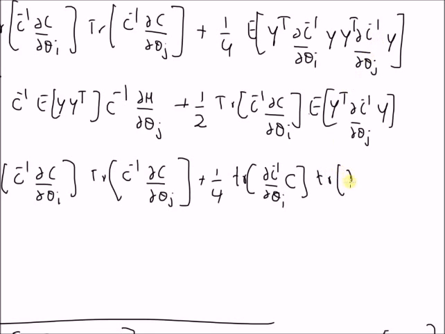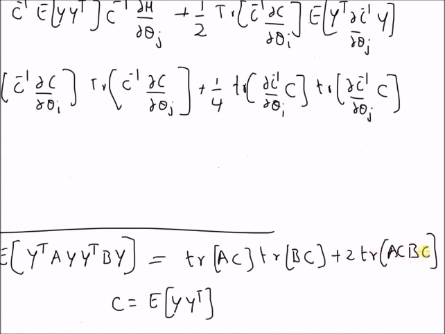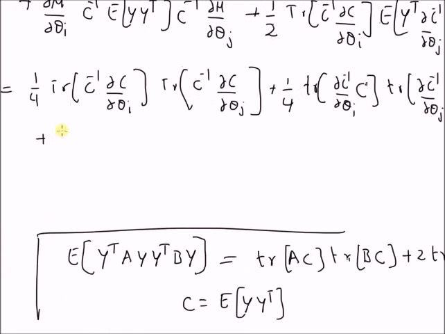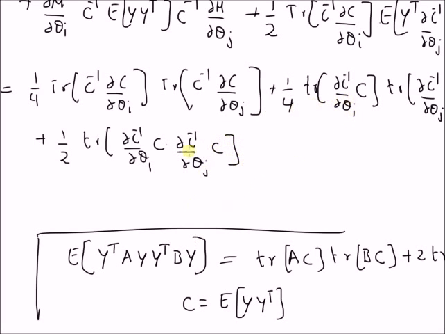So it is derivative of C inverse with respect to theta j multiplied by C. And the second term is 2 times the trace of AC into BC, which is 1 by 4 into 2, that is 1 by 2 trace of the derivative of the inverse of covariance matrix with respect to theta I into C, derivative of the inverse of covariance matrix with respect to theta j into C. So that is the second term.